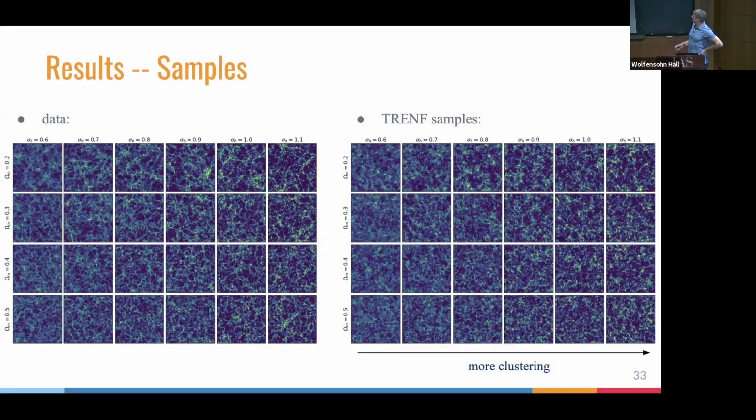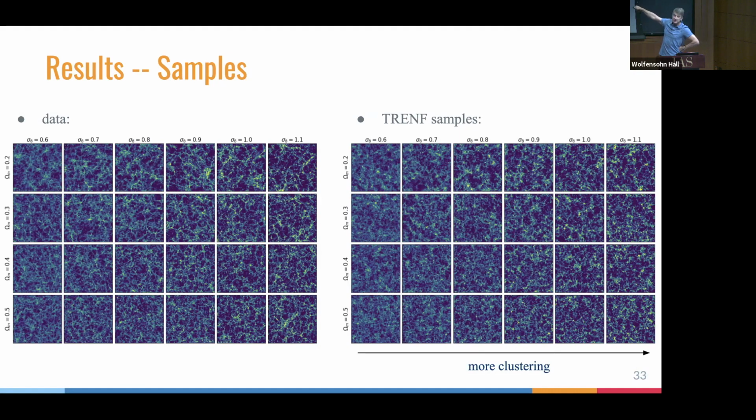Here are the results in terms of the sampling. These are the training data. Here we are varying omega matter going from 0.5 to 0.2 in this direction. As you go to lower omega matter, the spectrum gets redder and you get larger voids and so on. So it's more like white noise here and more red here.